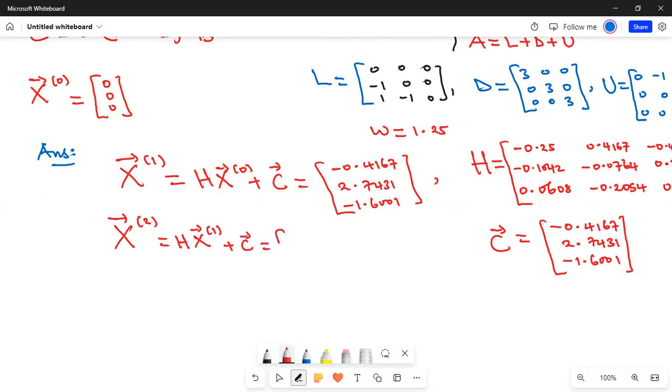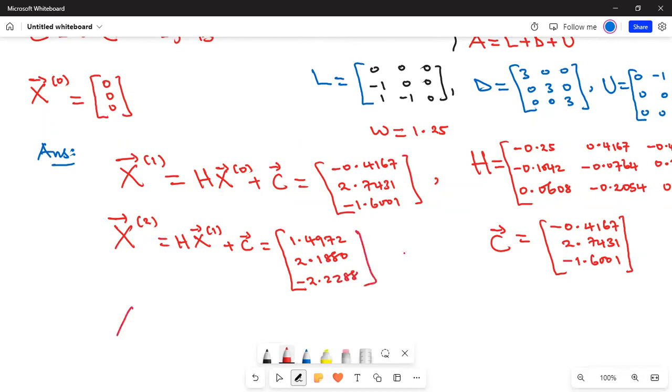And in this case you need to get the values to be 1.4972, 2.1880, negative 2.2288.